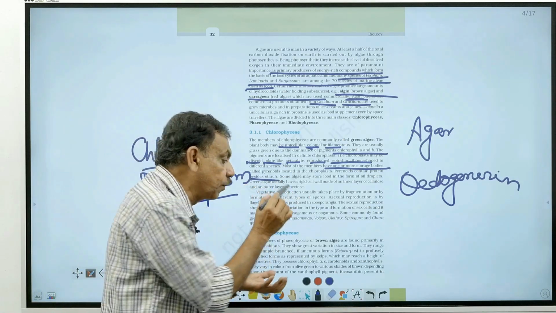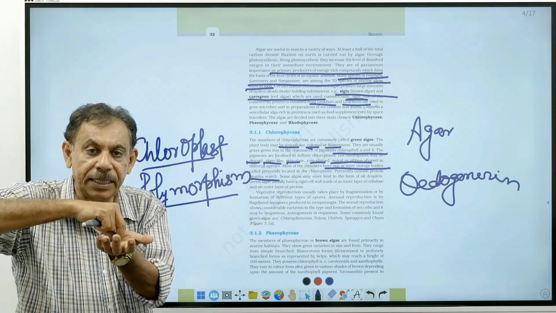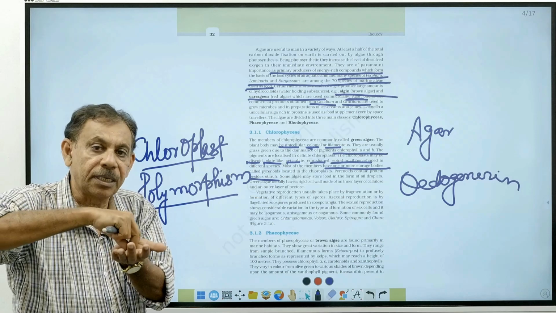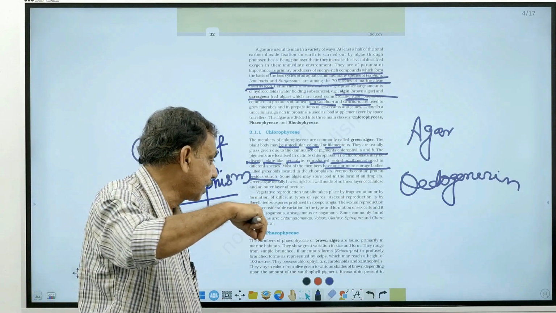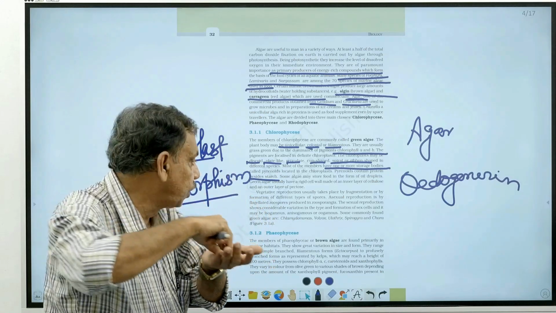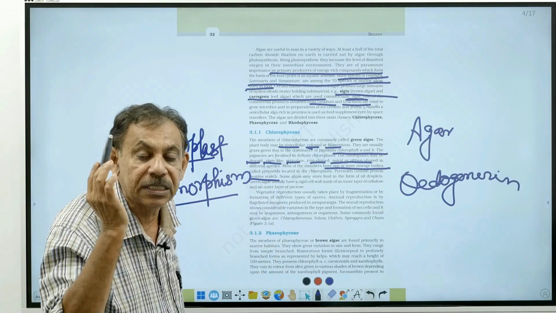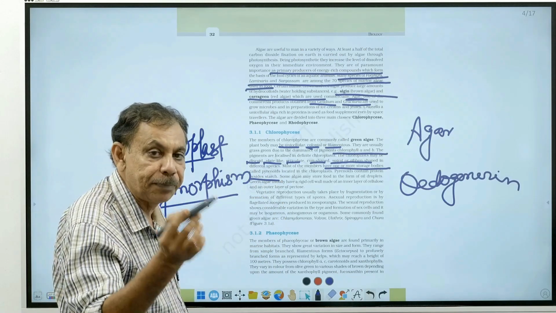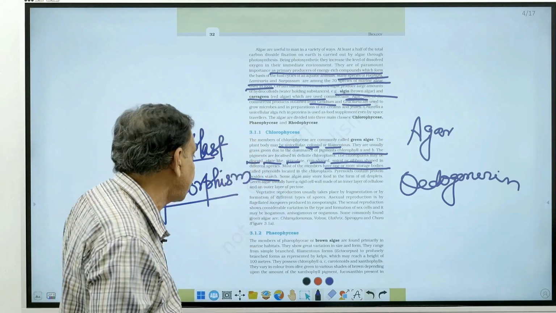The main food is starch. In addition to starch, in the center region you will find protein, or in some cases, other than protein, you may find oil droplets. So the main food storage is in the form of starch. It may contain protein and be sheathed by starch.